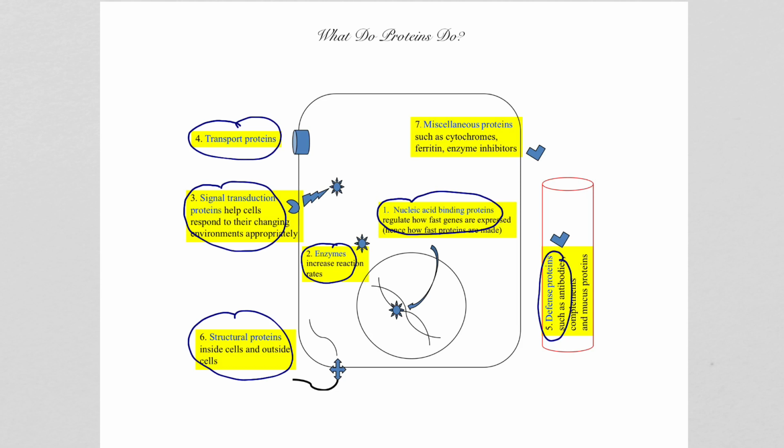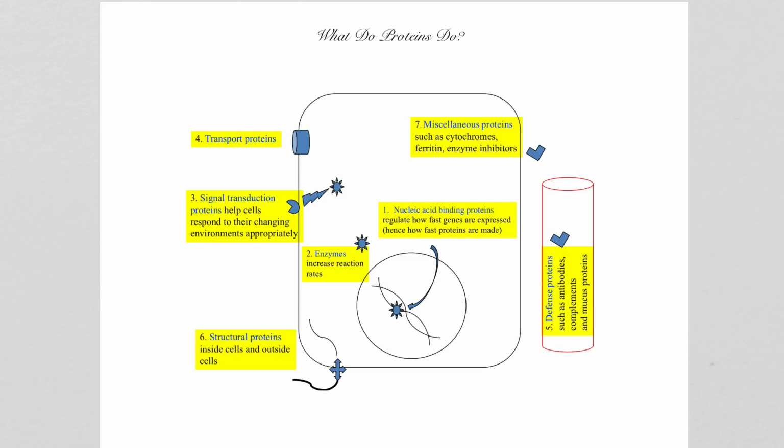You will come across many proteins in your career as a healthcare professional or student. So it might be a good idea whenever you hear of a protein to try to classify it into one of these 7 categories.